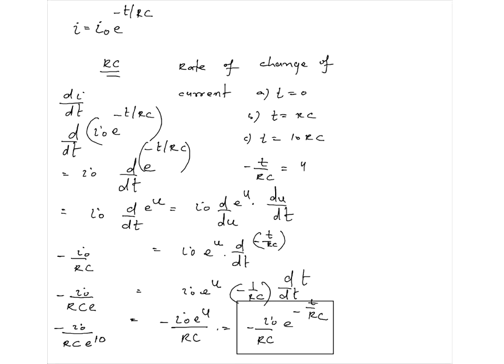Now what is important is that if you are asked di by dt at a certain time, then don't put the value first and then differentiate. For example, don't do it like this.